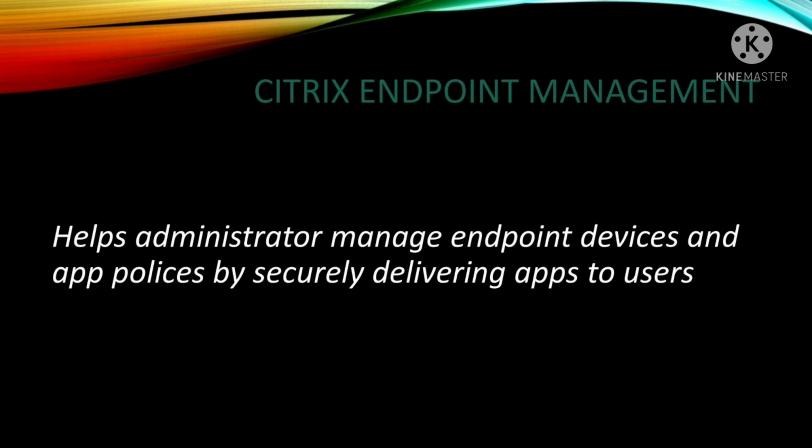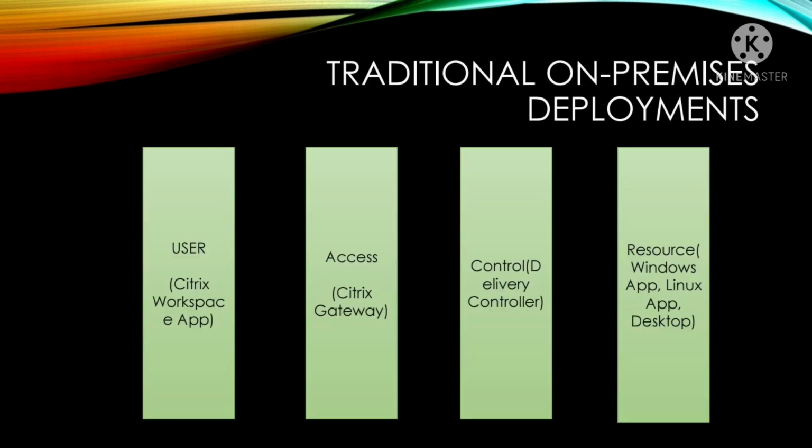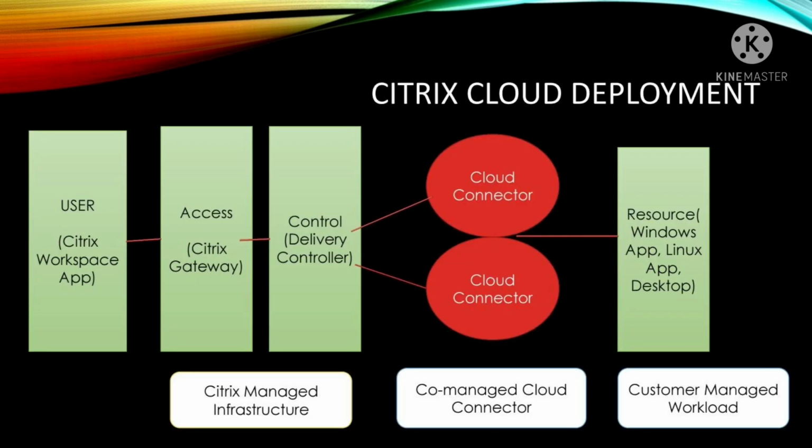It helps administrators manage endpoint devices and app and application policies by securely delivering apps to users. Now let us see two diagrams here. The first one is traditional on-premises deployment, and the second one is Citrix Cloud deployment.